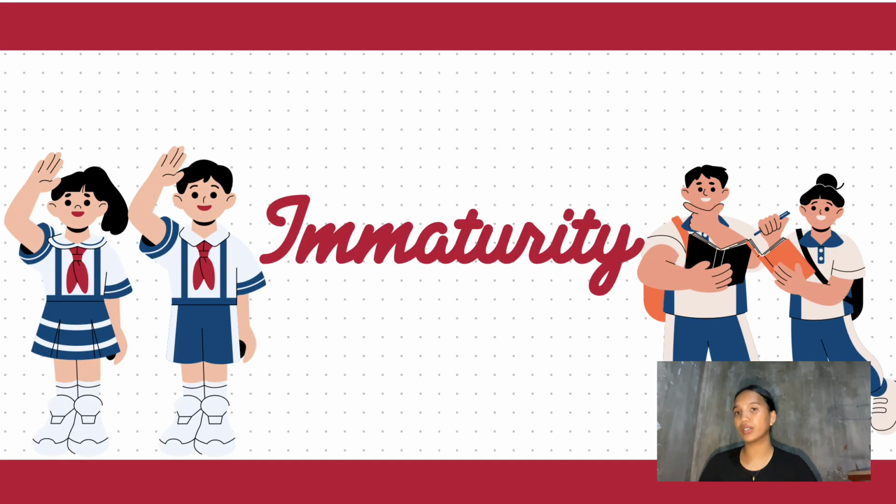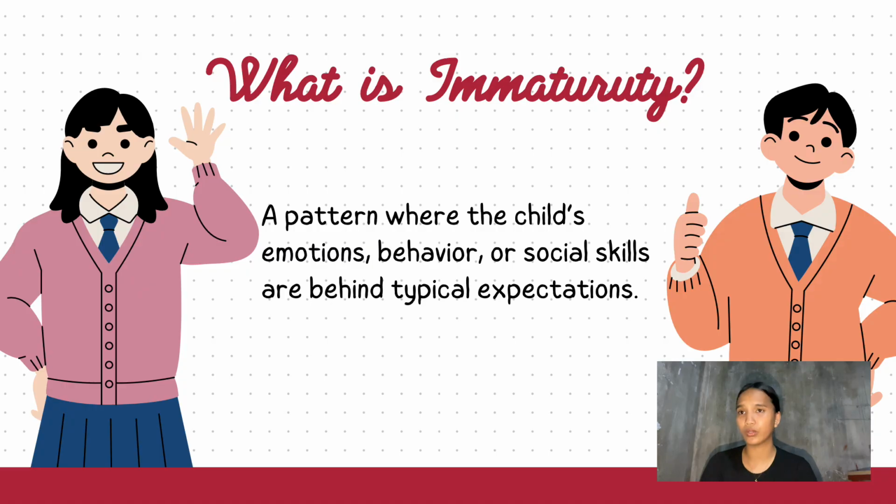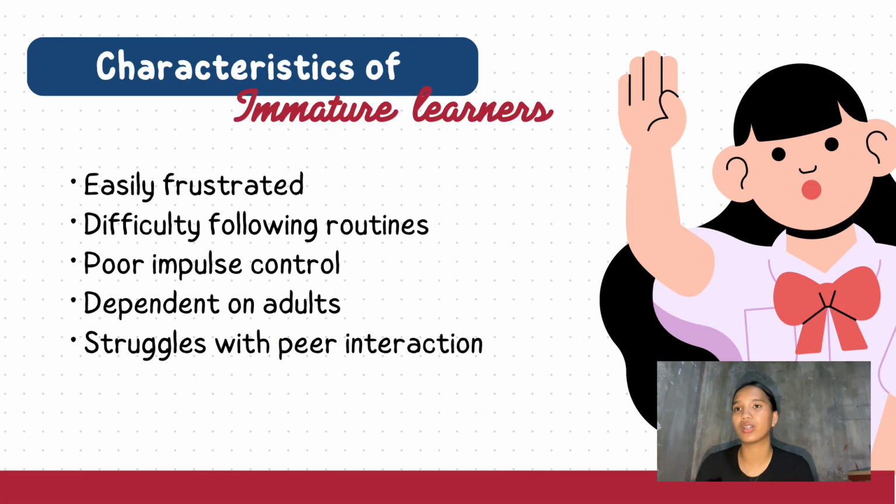Next is the immaturity. So, ano nga ba yung immaturity? So, immaturity happens when a child's emotions or social behavior is behind what is expected for their age. So, hindi ibig sabihin na may disability sila, sometimes delayed lang ang kanilang development or kulang sa social exposure. So, ano-ano nga ba yung mga characteristic ng mga immature learners?